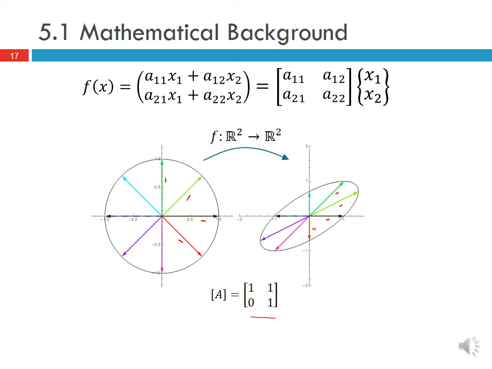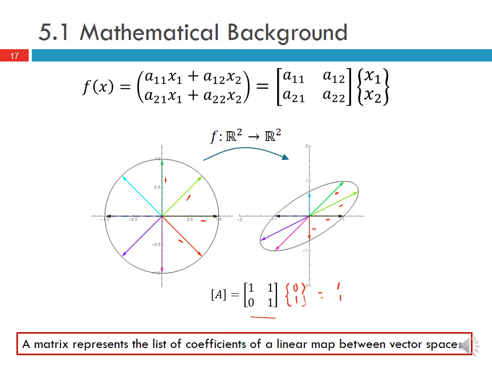Here, this green one would be defined as 0, 1, and when I apply my map to that, what we would end up with is 1, 1, which is what we've got here. So what this matrix representation does is it takes any vector in R2 and maps it to R2. So the matrix represents the list of coefficients of a linear map between vector spaces.